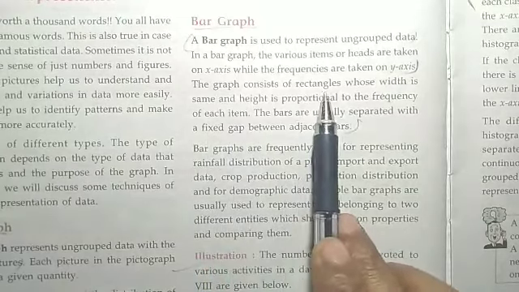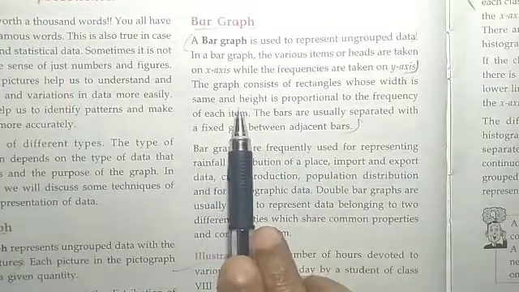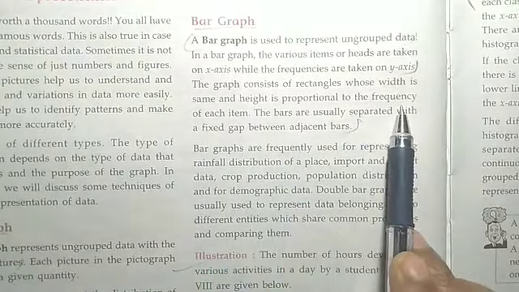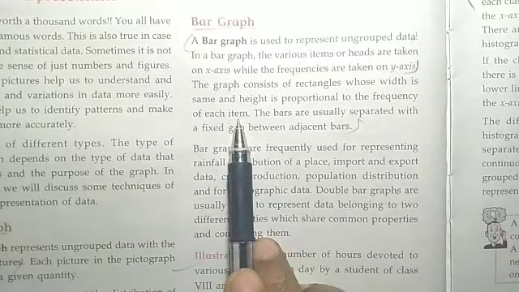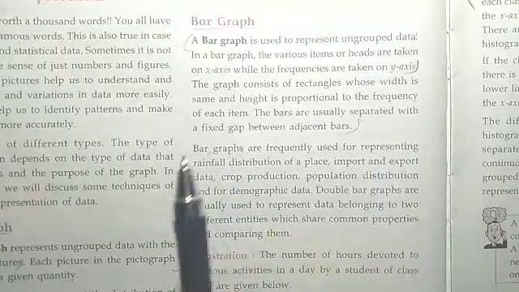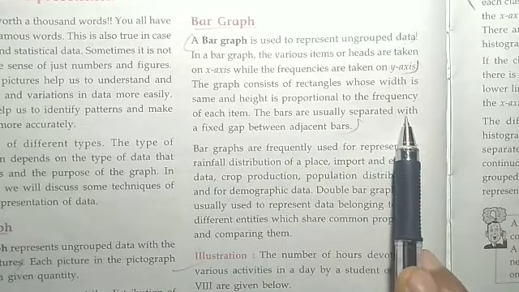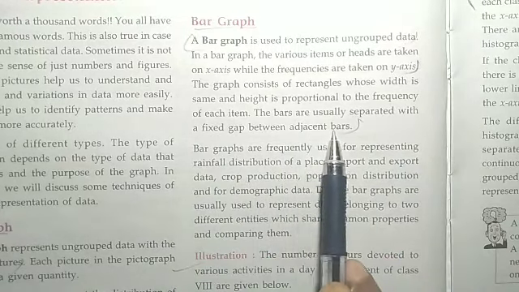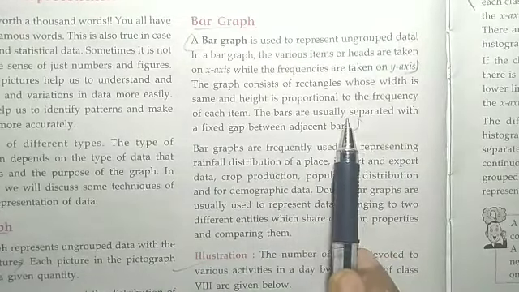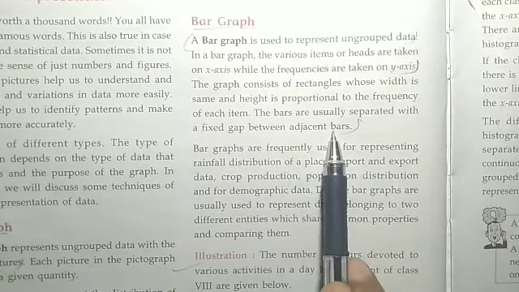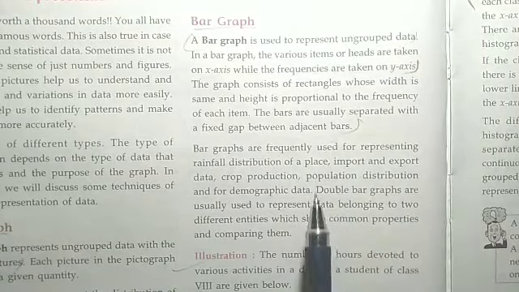The graph consists of rectangles whose width is the same and height is proportional to the frequency of each item. The bars are usually separated with a fixed gap between adjacent bars.